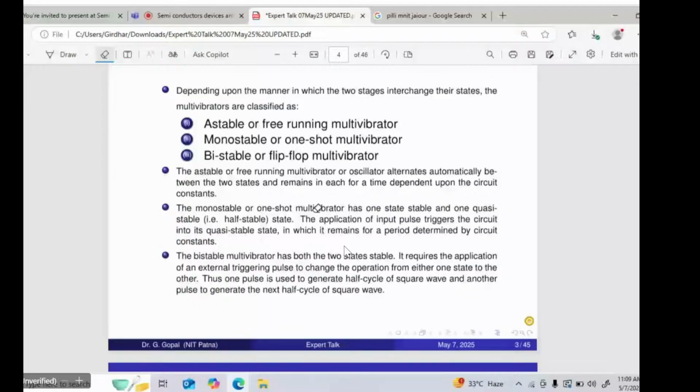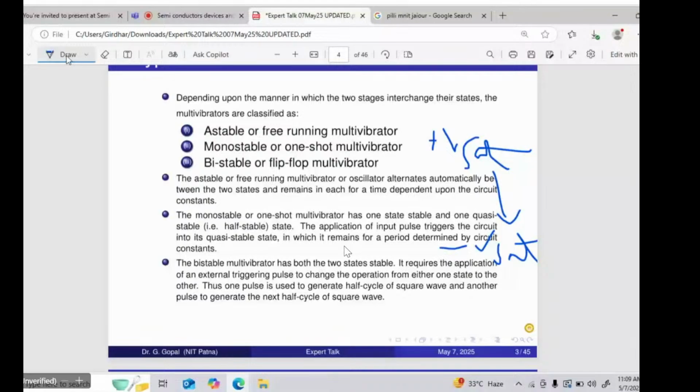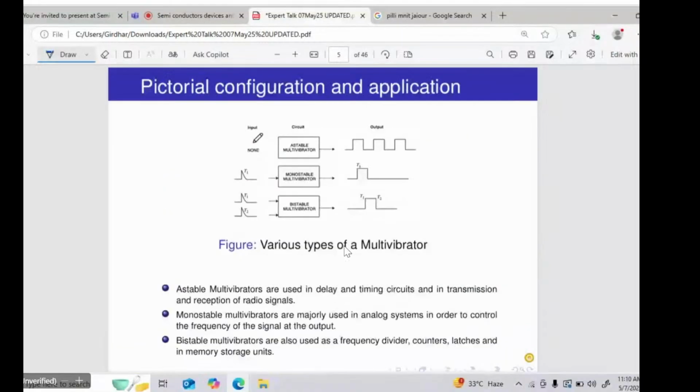Now this is the pictorial configuration of the multivibrator. Astable multivibrator has no inputs, and it generates a pulse; here the output should be in the form of a pulse. Monostable means single shot, it has only one stable state, and another quasi-stable state attained with the help of this trigger.